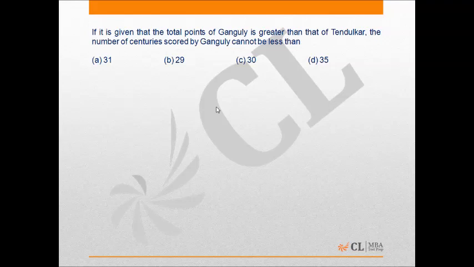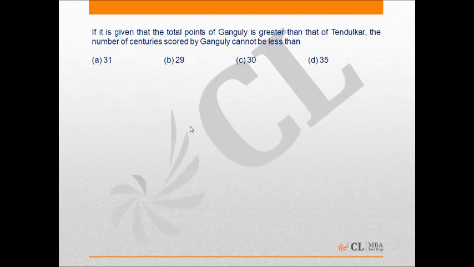So now if we look at the table, we know all the information for Tendulkar but the number of runs, and we also know that Tendulkar has scored more runs than that of Ganguly, but here we have to minimize the number of centuries that Ganguly would have scored so far.